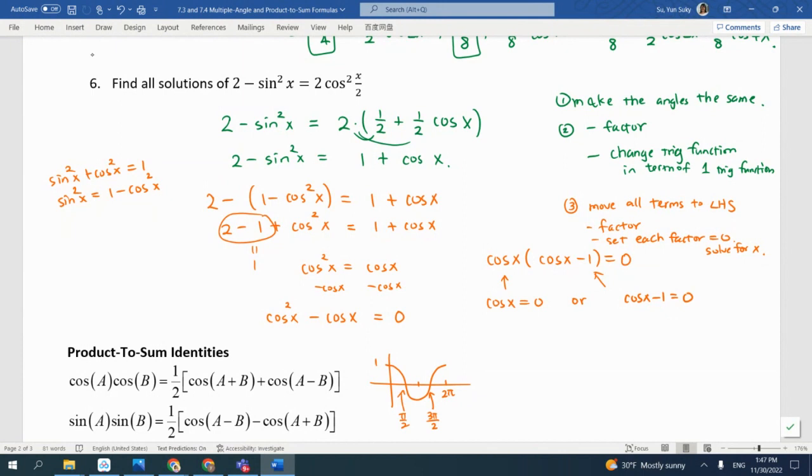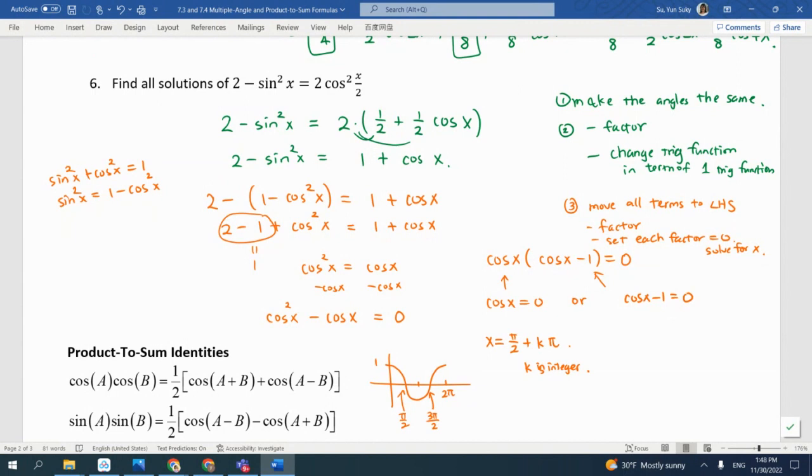Because we want all solutions, it does not restrict our angle to be 0 to 2 pi. So if you want to collect all of these, you should put pi over 2 plus k pi, where k is an integer.